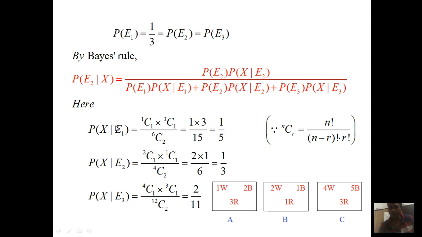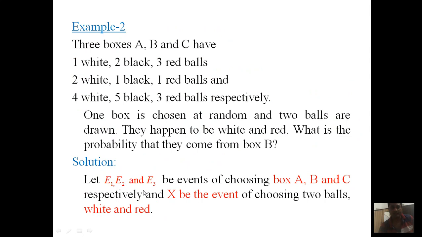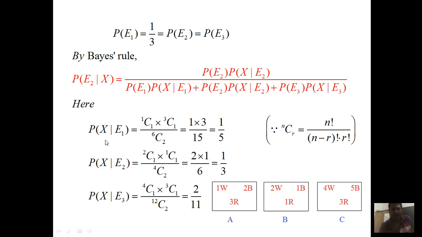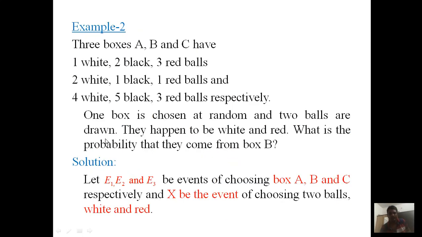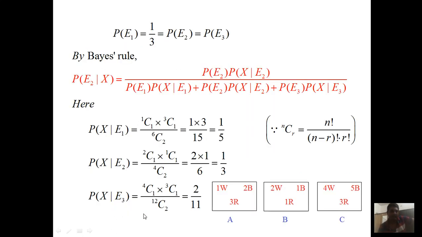That is choosing a ball from box A, and X is that the two balls are, one is white and second is red. So see here carefully, this event is already finished, that is box A is selected, and now these are the figures.